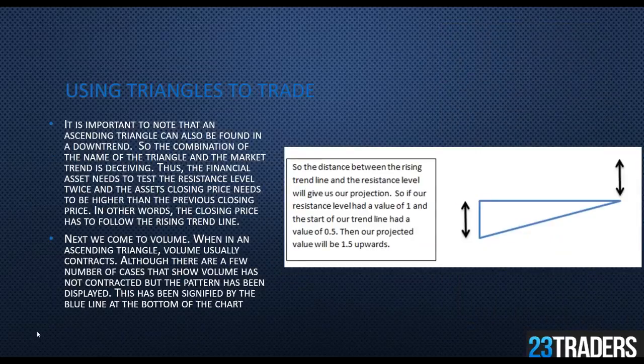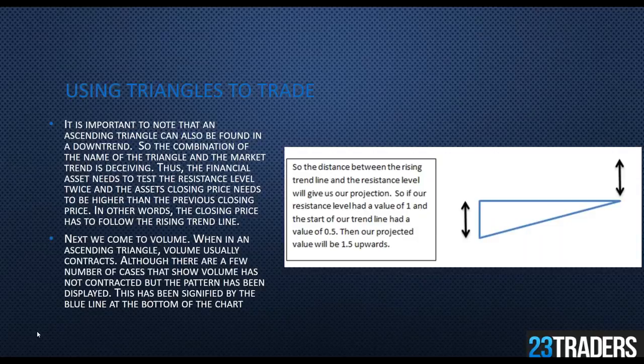There we go. Okay, using triangles to trade. It is important to note that an ascending triangle can also be found in a downtrend. So the combination of the name of the triangle and the market trend is deceiving. Thus, the financial asset needs to test the resistance level twice, and the asset closing price needs to be higher than the previous closing price.